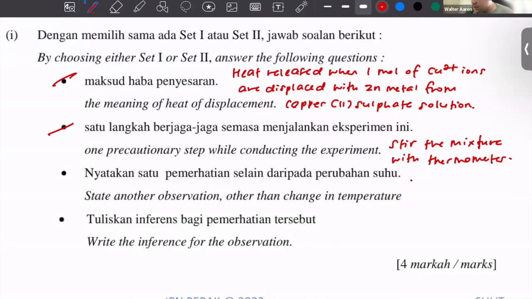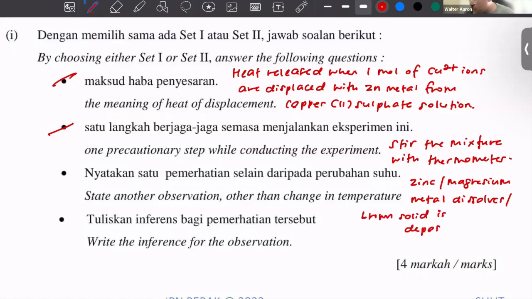So you can either say zinc or magnesium metal dissolves, or you can say that brown solid is deposited. Because there are two different answers you can use in this question, but they're asking for one only, for 1 mark, so just give them one only.